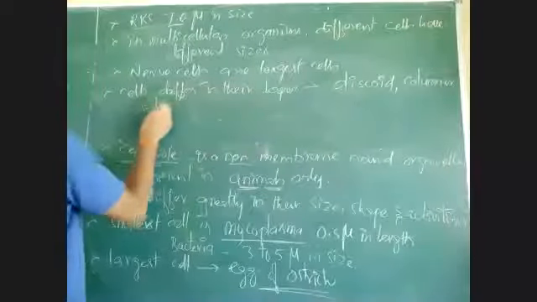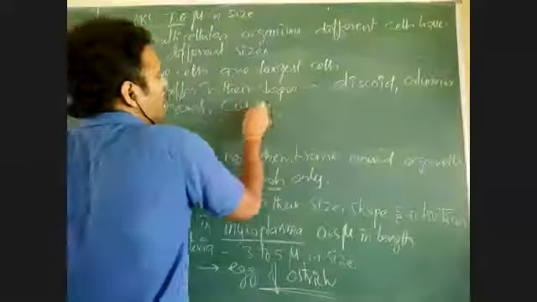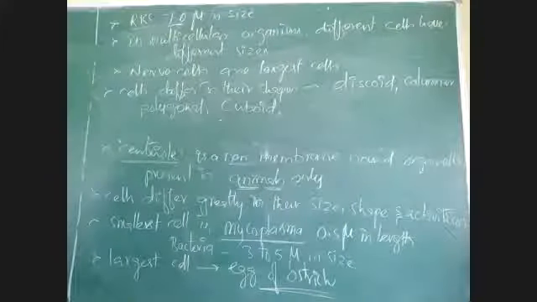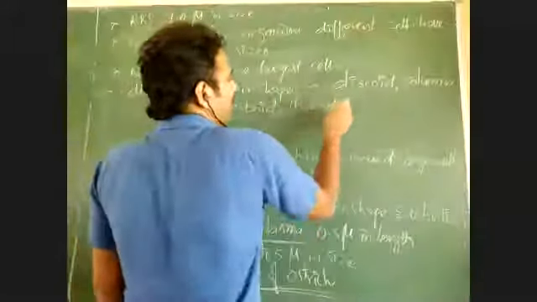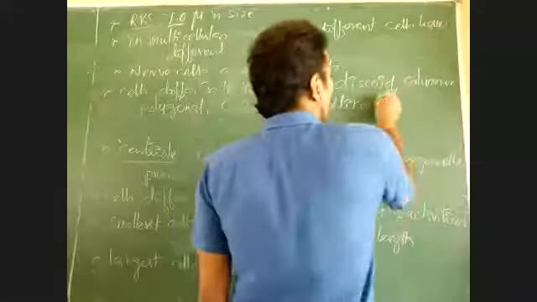Columnar, like a column, elongated cube-like structures. Polygonal, they have many sides. Or cuboid, cube-like structure. They may be thread-like, like a thread, or they may have irregular shape.